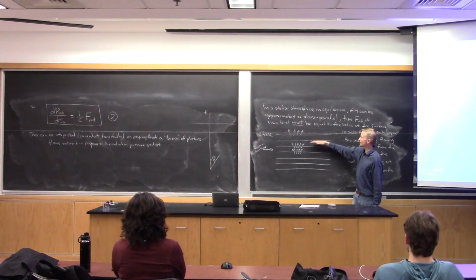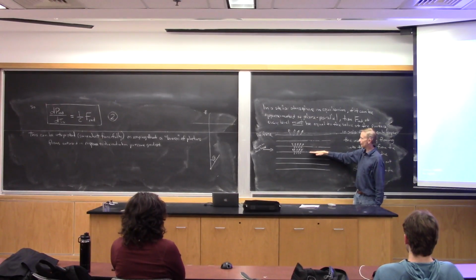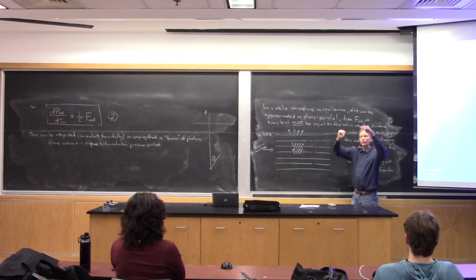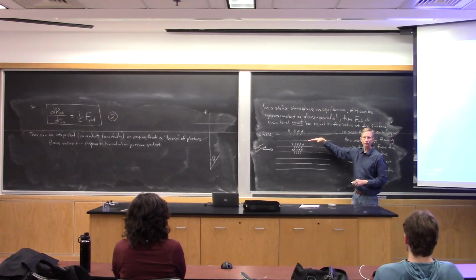But wait, I can make the same argument here. The net flux here is the surface flux. But that means this also has to be the surface flux for this layer to be in equilibrium. But then this layer also has the net at the bottom surface flux, surface flux, surface flux. So in other words, the flux just has to be constant all the way down and equal to the flux at the surface.